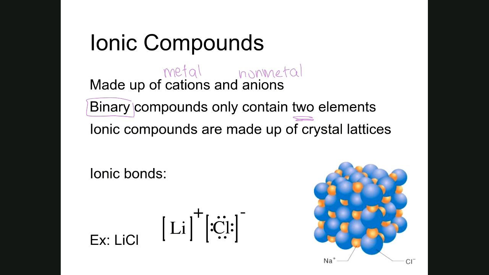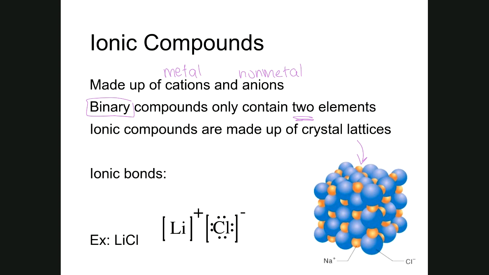And these compounds are made up of crystal lattices, which we can see in this picture, where it's pretty much just a bunch of atoms stacked on top of one another. And we can also see that they kind of switch. Every other atom is a different element. So this is called a lattice.